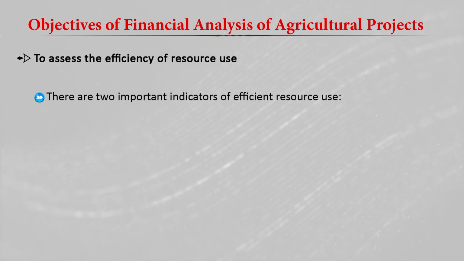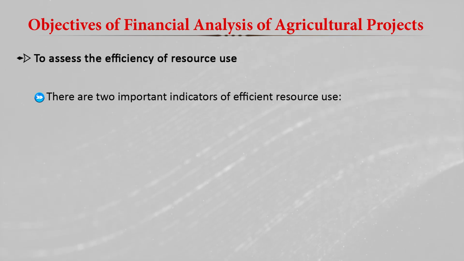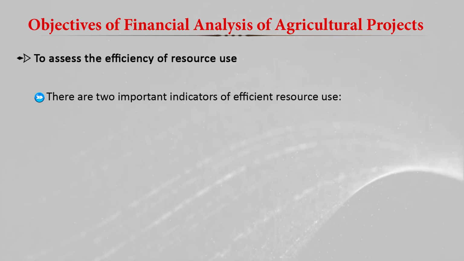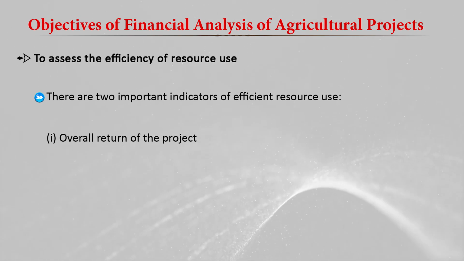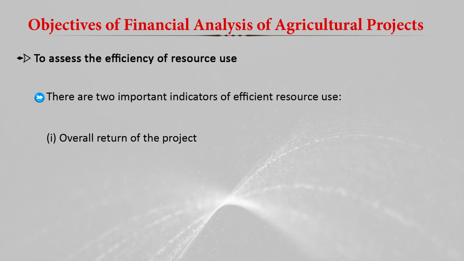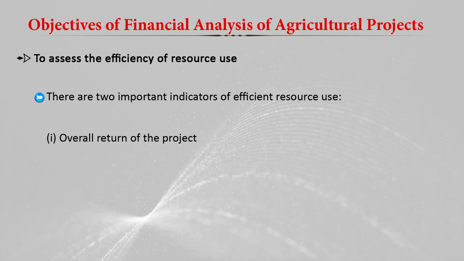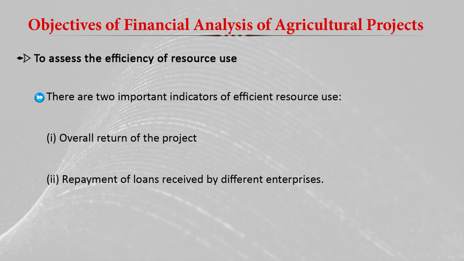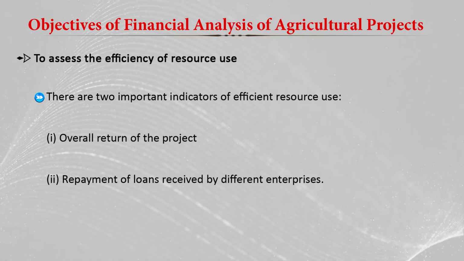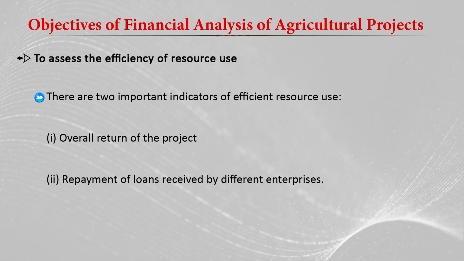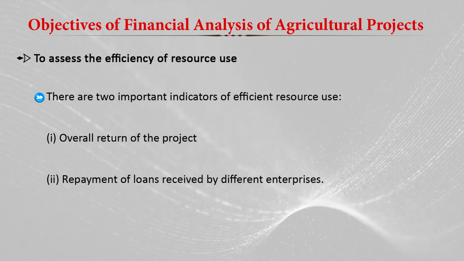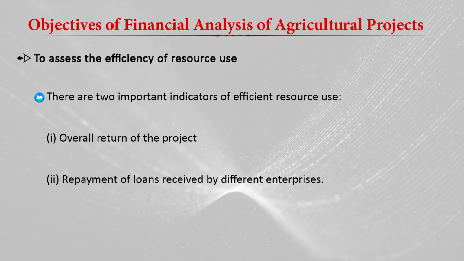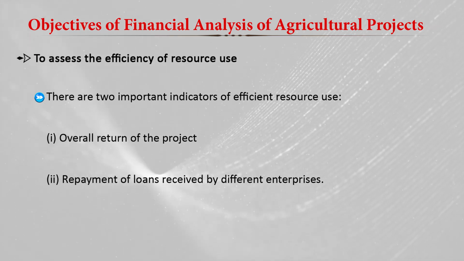There are two broad indicators of efficient resource use. One is the overall return of the project, how much we will be getting from the project, and also repayment of the loan issued by the different enterprises. If we are taking some loan, how will we make the repayment of that loan? That reflects on the efficiency of the resources used.